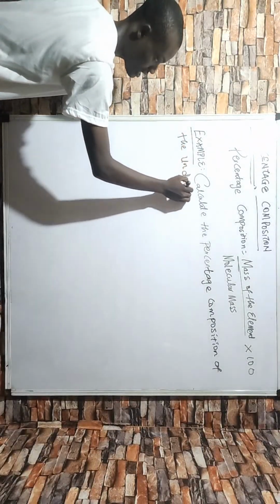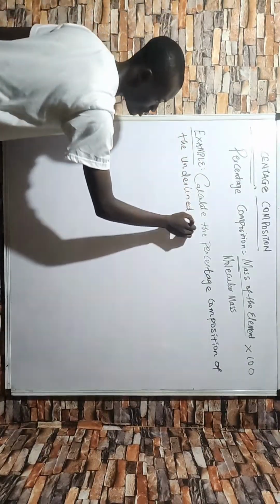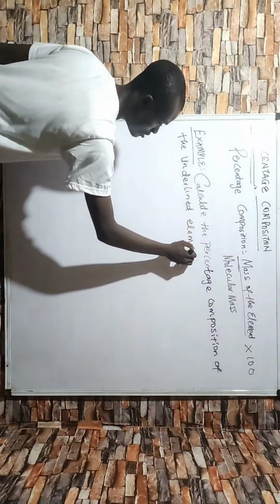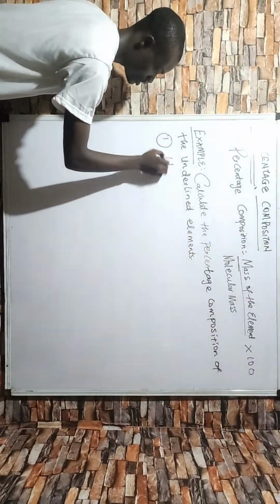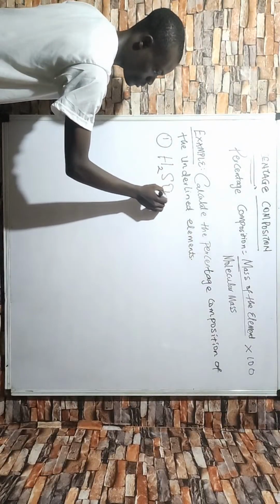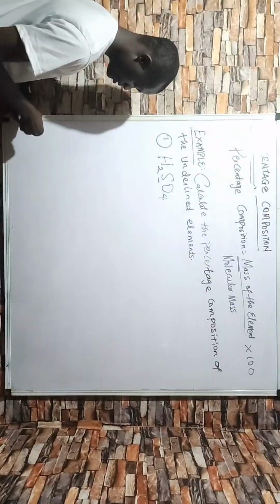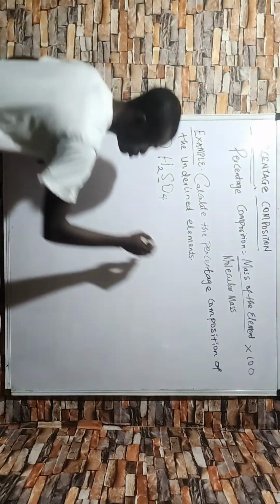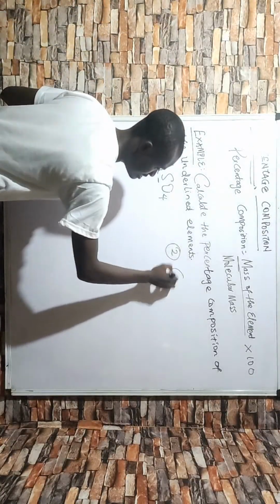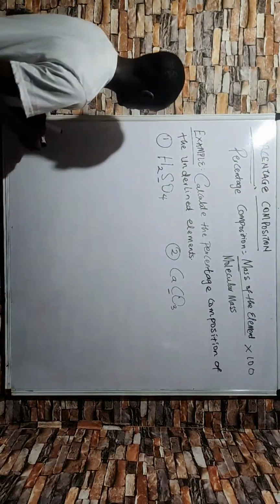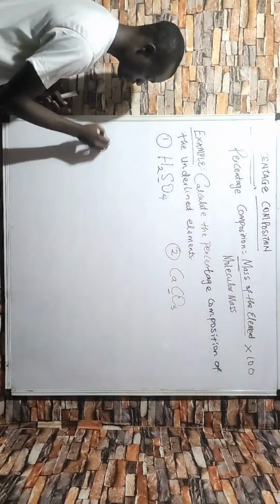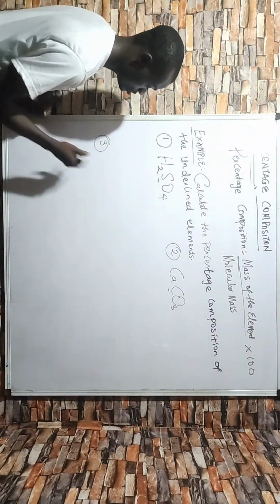We are going to take a look at 4 examples. So question 1, we are going to take a look at H2SO4. So we are going to underline S. Then we are going to take a look at number 2. We are going to take a look at CaCO3, and then we underline this. Then for number 3, let's take a look at HNO3.